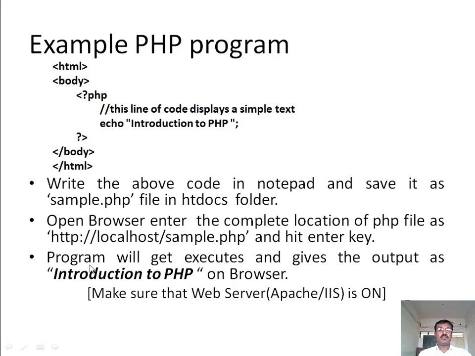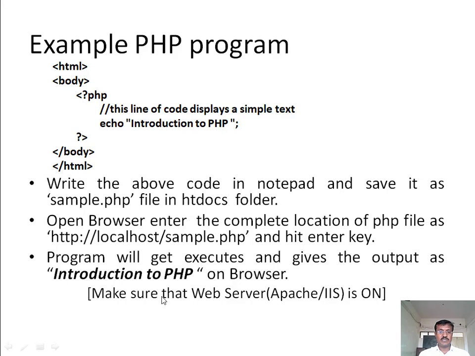The program will get executed and give the output introduction to PHP in your browser, because here I have placed a simple piece of code, that is the echo statement followed by introduction to PHP. This code will execute and be printed on your browser. So in this way we can execute our PHP script using the XAMPP server.